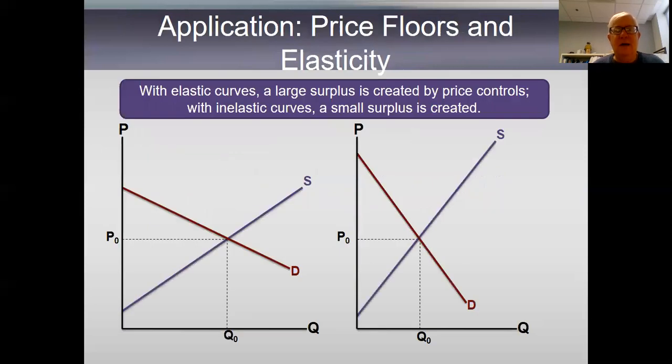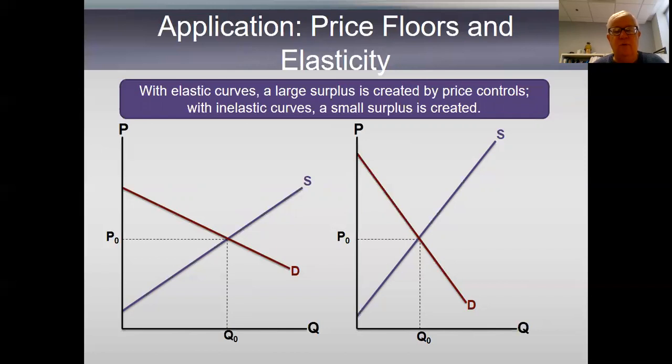So let's think about these price floors and elasticity. With elastic curves, a large surplus is going to be created by the price controls. However, with inelastic curves, a smaller surplus is created. And we're using the term surplus here in terms of having more supply of a good than there is demand.